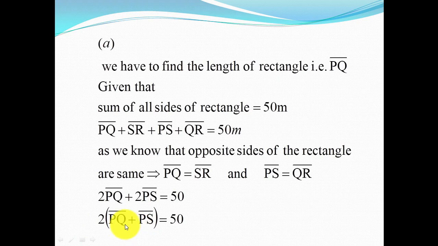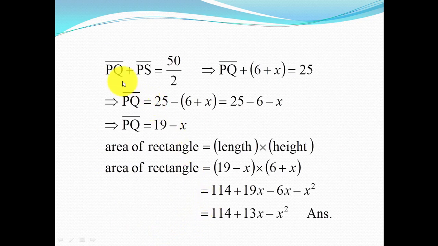And now dividing the whole equation by 2, the 2 by 2 cancel, and 50 by 2 is equal to 25.